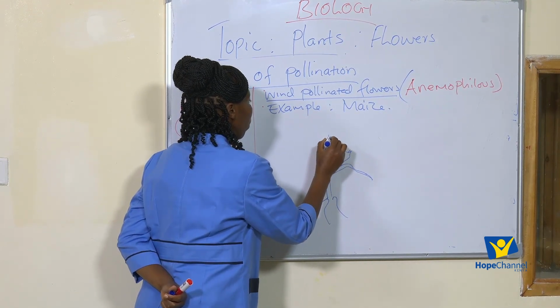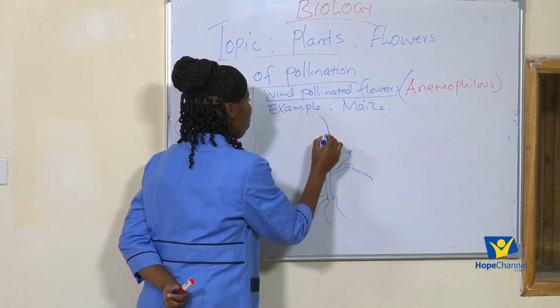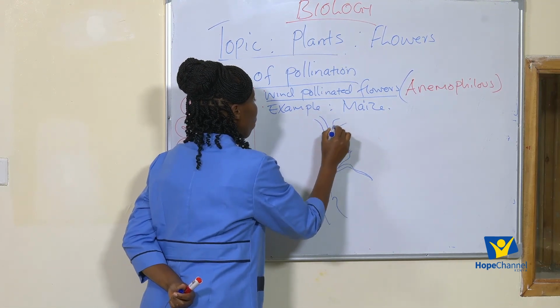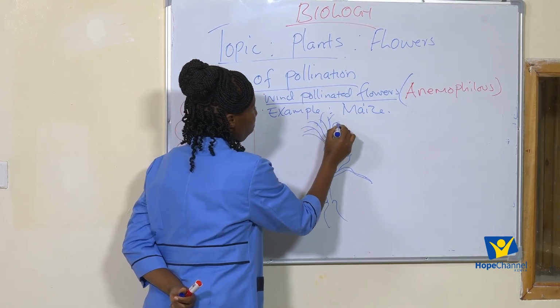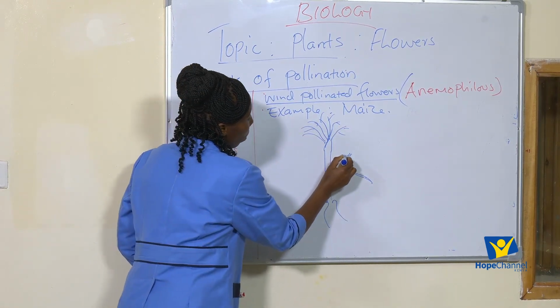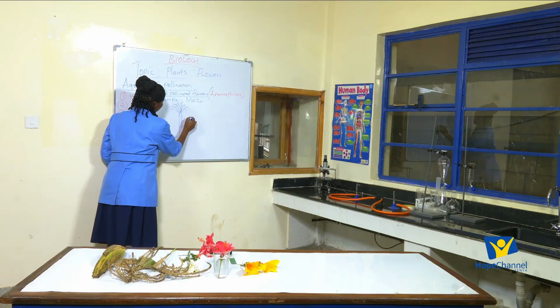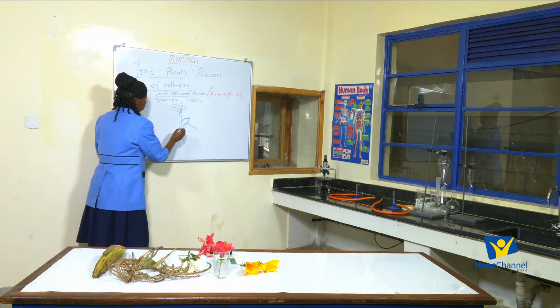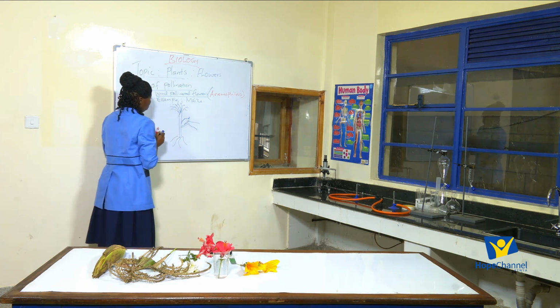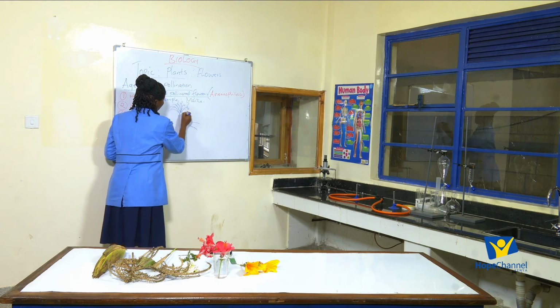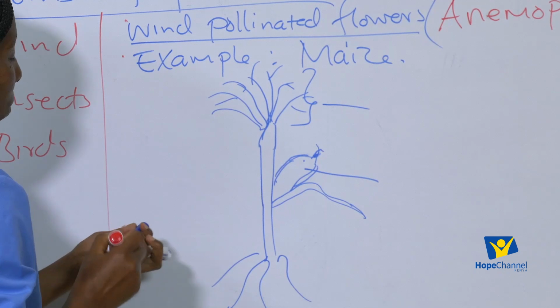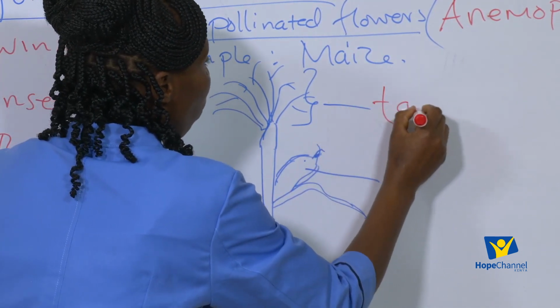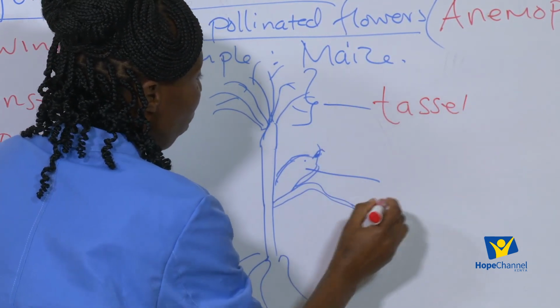And then up here is where we have the male part of the flower. I want to assume this part we call the tassel. So this is the tassel, and this is the maize cob.